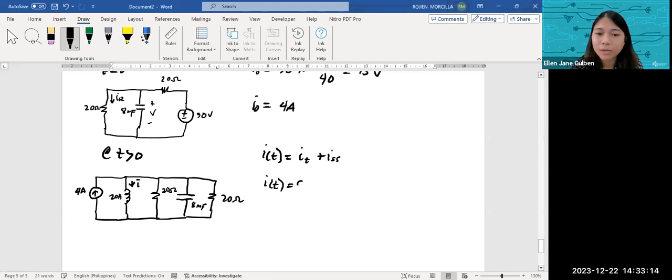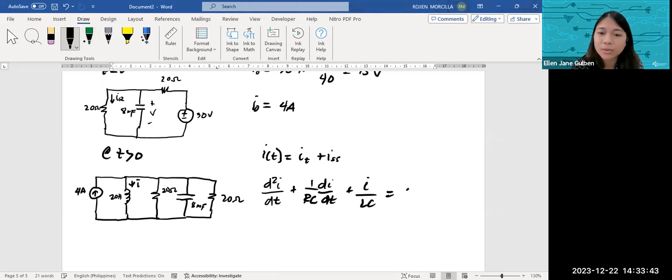So we have here d squared I over dt squared plus 1 over RC dI over dt plus I over LC equal to 0.